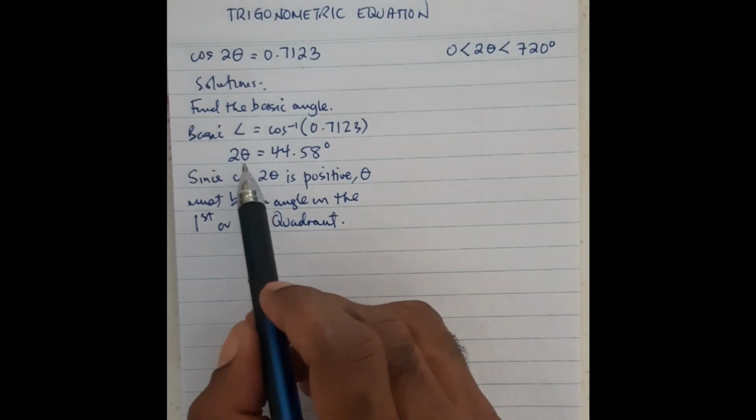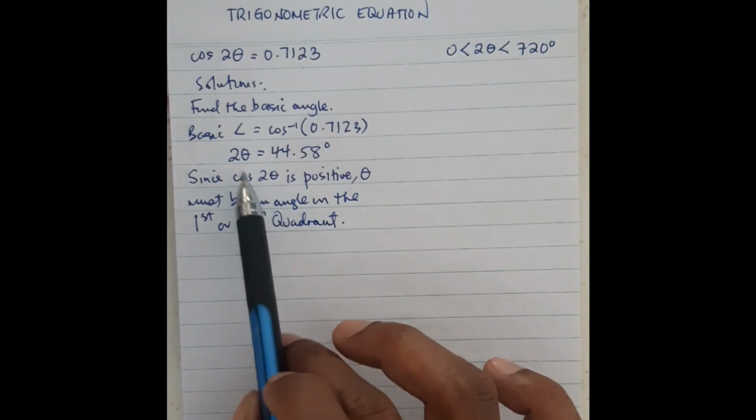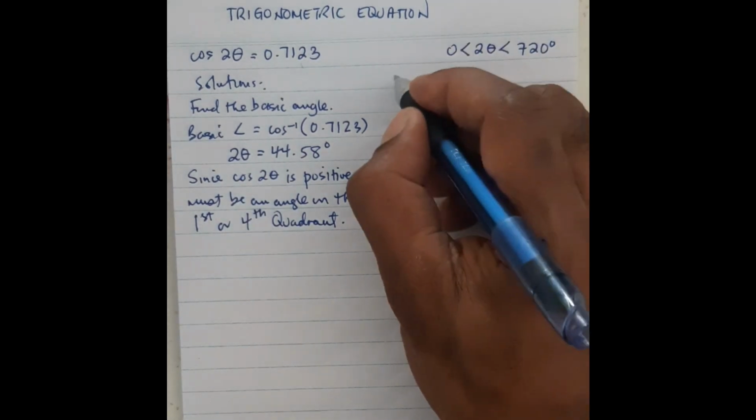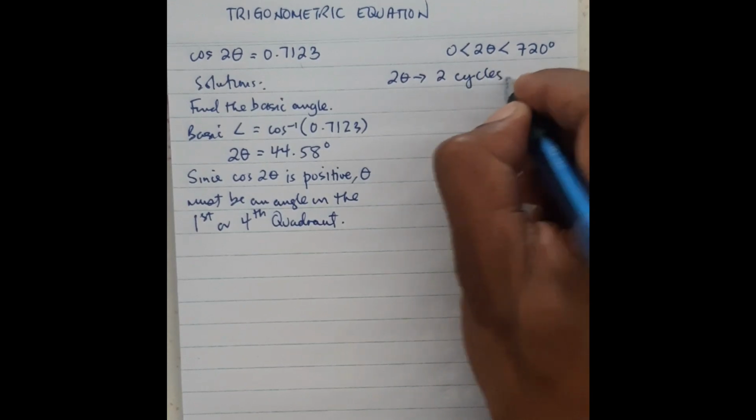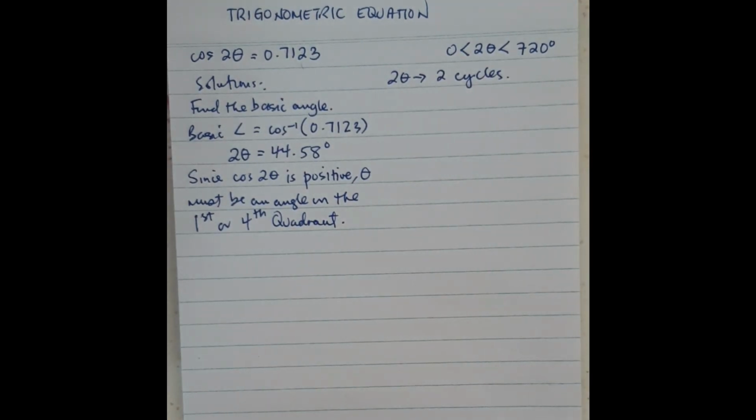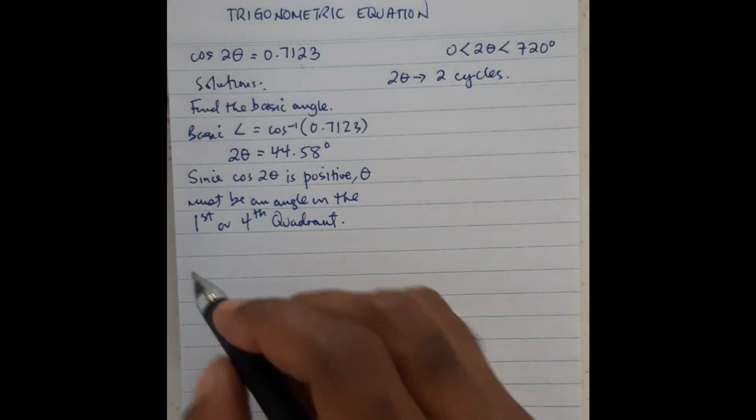But before solving for the angle, we just looked at 2 theta here, and we said 2 theta implies there are 2 cycles. So that would mean that in the first quadrant there will be 2 values of theta, and in the fourth quadrant there will also be 2 values of theta.